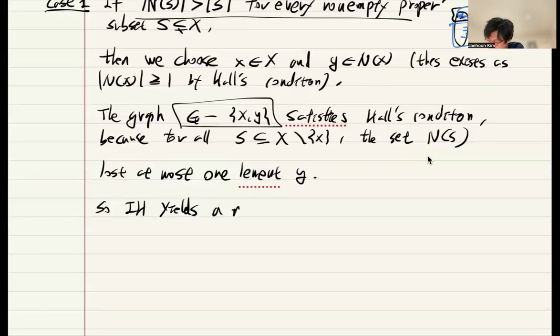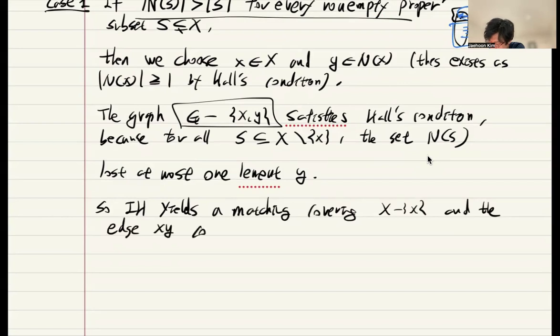So it yields a matching covering X minus the element x, and the edge xy together with this matching completes the desired matching in G.